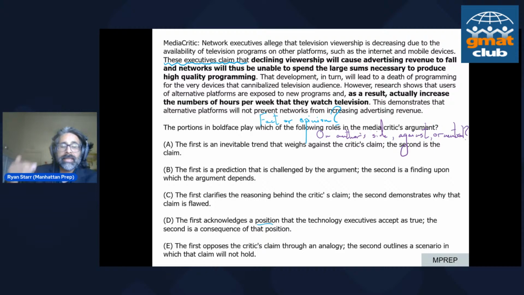And A is kind of saying that this first boldface portion in some way goes against that author's position. All right, so it would be an against answer. And there's a really good chance that that's correct because, again, this first claim is attributed to these executives. And usually, if a person's making an argument of their own and they cite somebody else's claim, they're just going to go against that claim at some point, right?